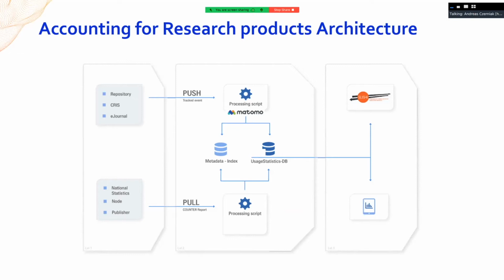And after this, we could also produce COUNTER Code of Practice release 5 reports, and the portals also have a direct connection to this user statistic database. This is also connected to the EOSC research product catalog, which will also have this kind of indicator information.